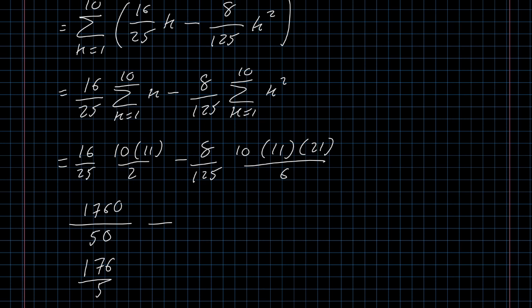Same thing for the second one. 8 times 10 times 11 times 21 comes out at 18,480. 125 times 6 comes out at 750. I can see that there's that nice divide by 10 option available. I think that there's a 3 as well.